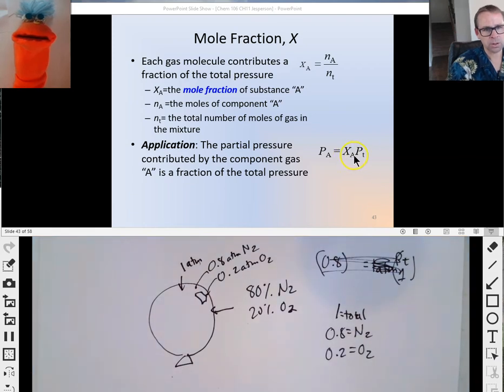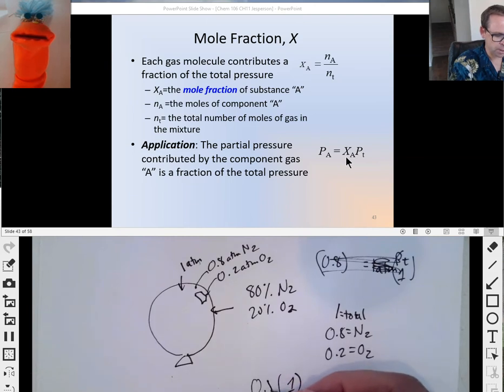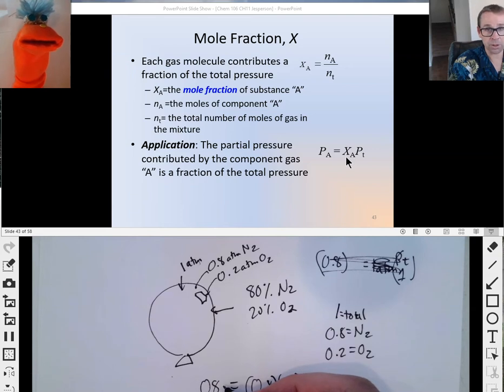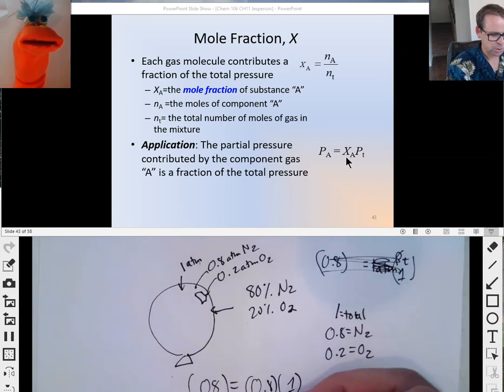Total pressure here, mole fraction there, total pressure 1, mole fraction 0.8, and then I'll get my partial pressure of my nitrogen. So this is my mole fraction of nitrogen, and this is the pressure of the nitrogen gas, and this is the total pressure.